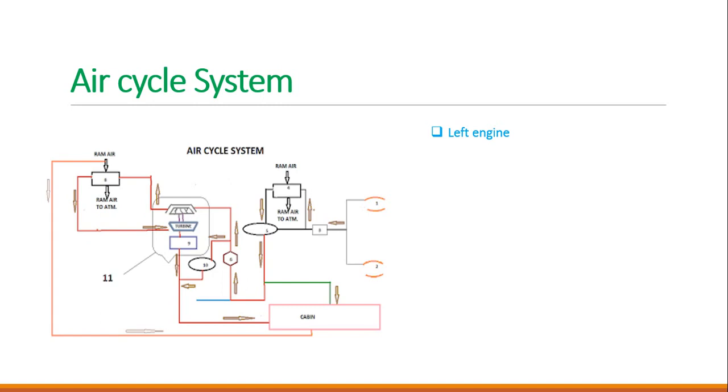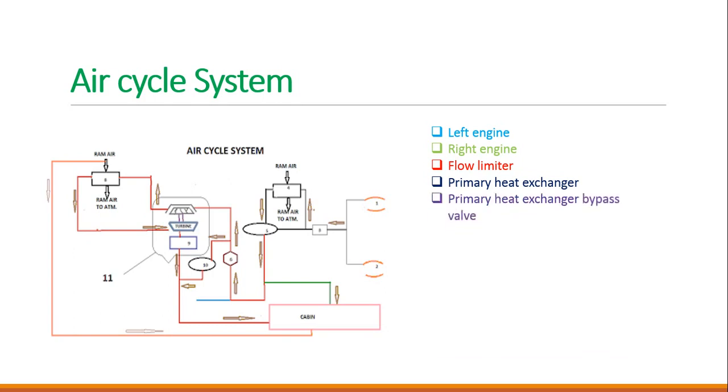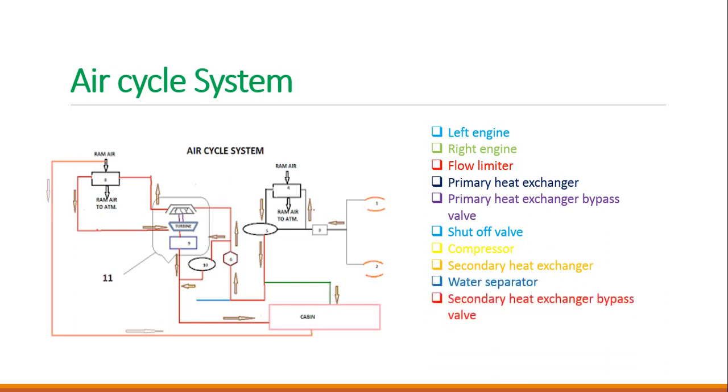1 and 2 are the left and right engine of the system, 3 is the flow limiter, 4 is the primary heat exchanger, 5 is the primary heat exchanger bypass valve, next is the shut off valve, next the compressor, then the secondary heat exchanger, then the water separator, then the secondary heat exchanger bypass valve, and the refrigeration unit.